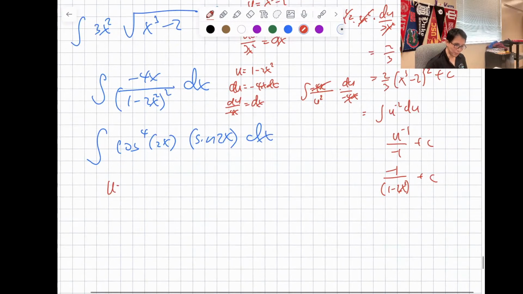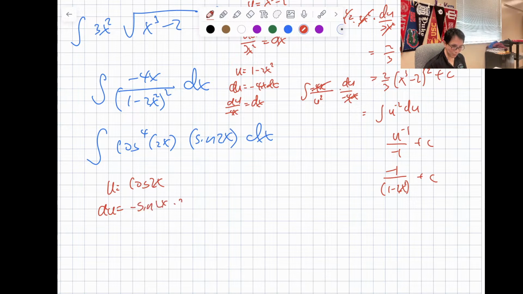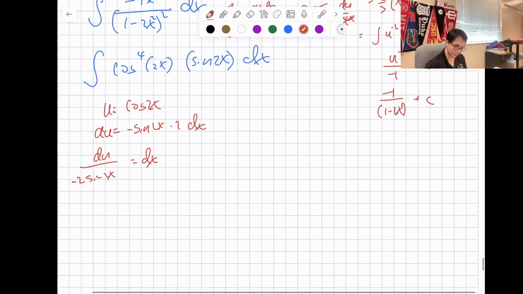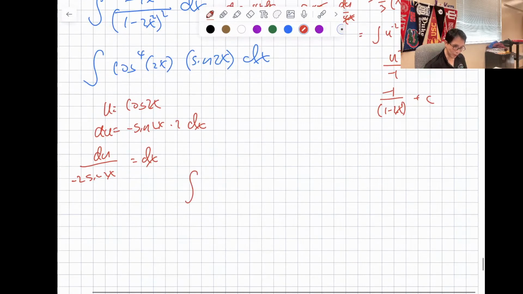What does u have to be here? Cosine 2x. du is equal to negative sine 2x times 2 dx. Don't forget that too. du equals negative 2 sine of 2x dx. So now it's going to be the integration of what? u to the 4 sine of 2x dx, which is equal to du over negative sine of 2x.